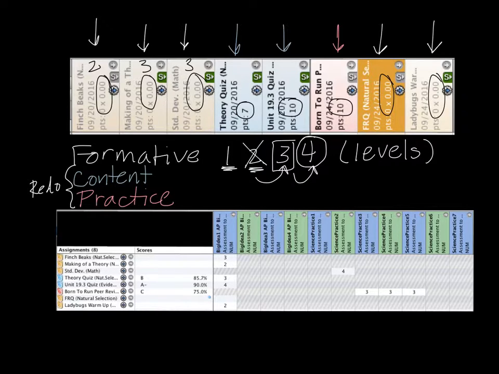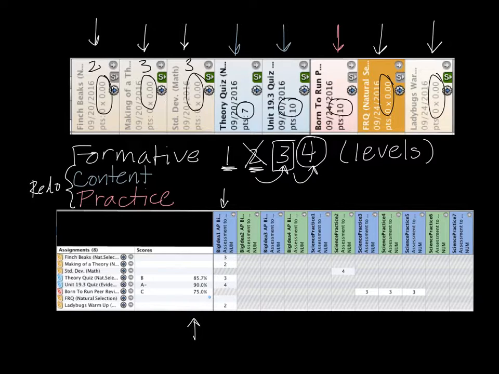In the picture at the bottom, so this one right here, I just want to point out to you that all of the assignments are paired to actual standards, and those standards, again, come in levels. So this first standard here, which is Big Idea 1 in AP Biology, that has to do with evolution.